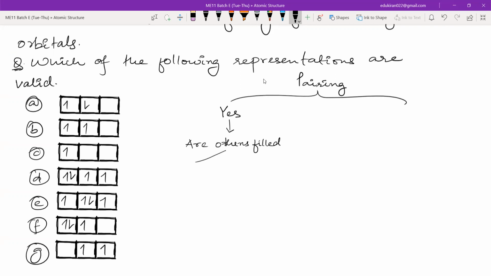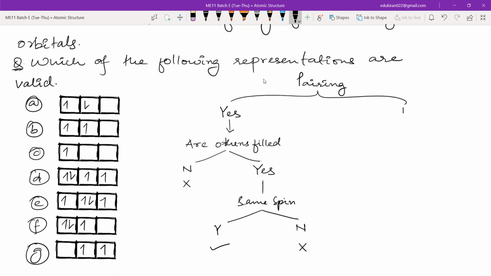Then you will get two answers. No, then obviously it is wrong. Yes, then you will see whether the others have the same spin. Then also you can get two answers, yes or no. If it is yes, then it is right. If it is no, then it is wrong.